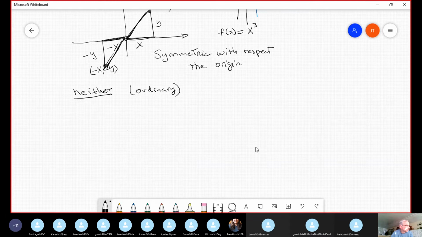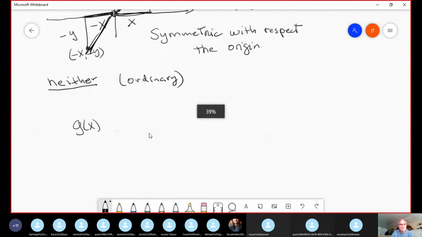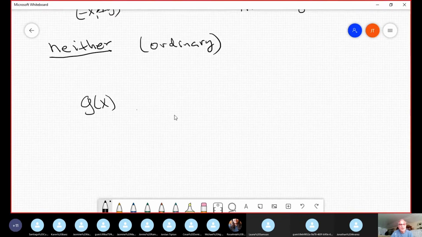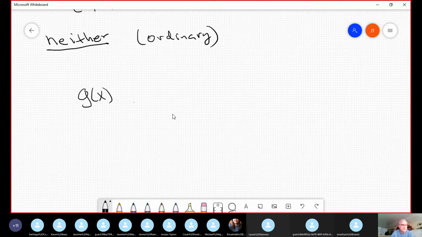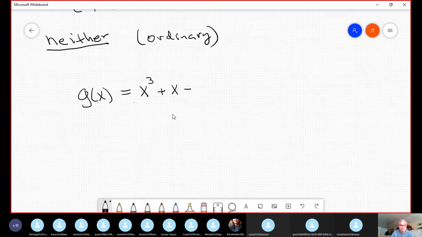Okay. Suppose the first one, g. g of x is equal to x cubed plus x plus 1. Well, algebraically, we are doing reflection like that.